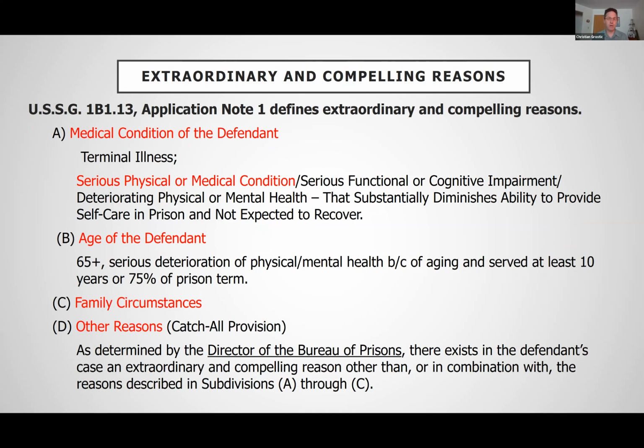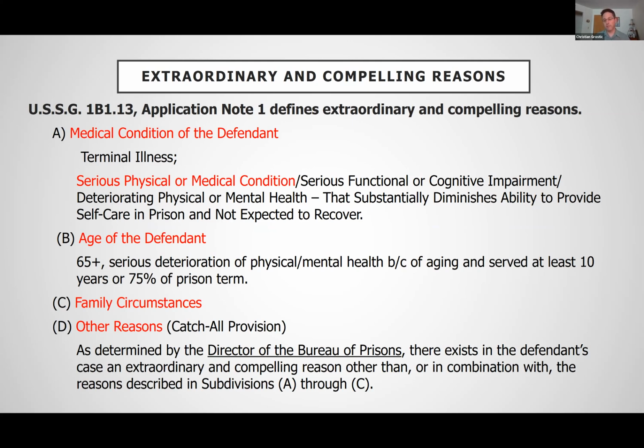I'm not going to read all of these because I know you can all read, but if you can fit your client into one of these categories, that's ideal, right? Because there's no dispute then that this is something that qualifies. Serious physical or medical condition is often what we're looking at, but don't ignore age either. The family circumstances one, you'll need to look at the guideline more closely.